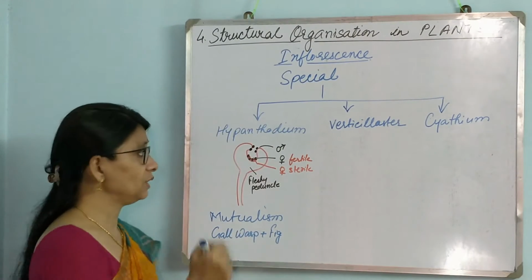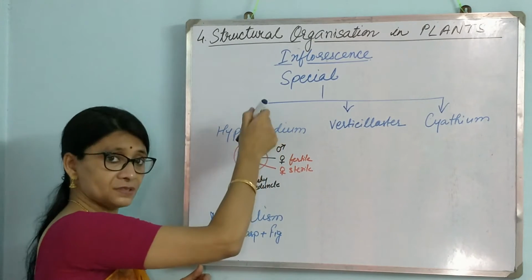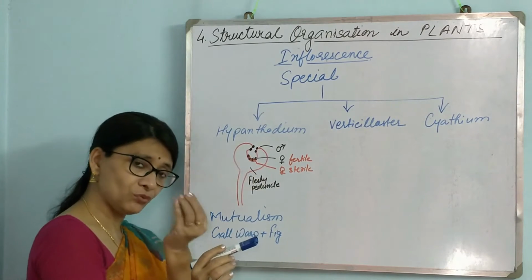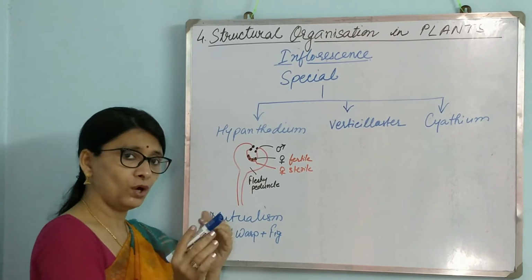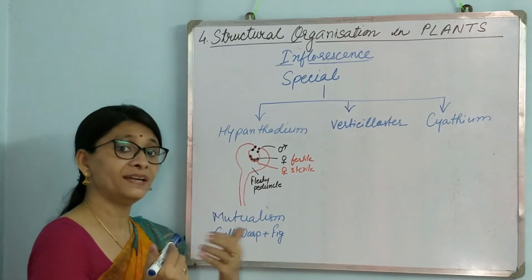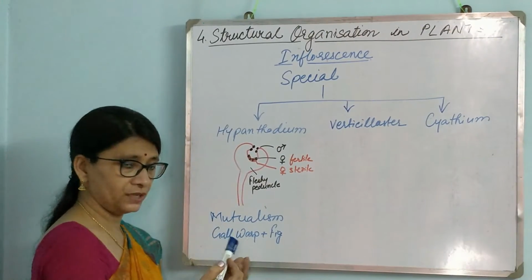So what happens? The female wasp will enter this inflorescence by this small opening. The opening is very small, so small that the insect is not able to enter without causing damage to itself. The wings will break, antenna will break, so those things will happen.